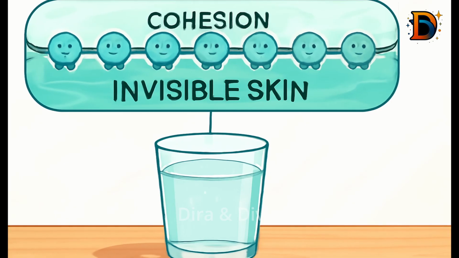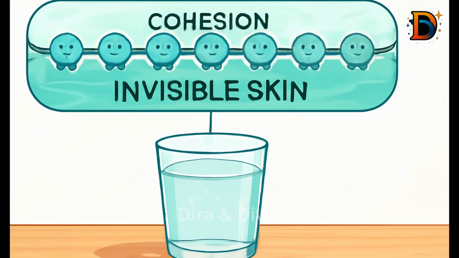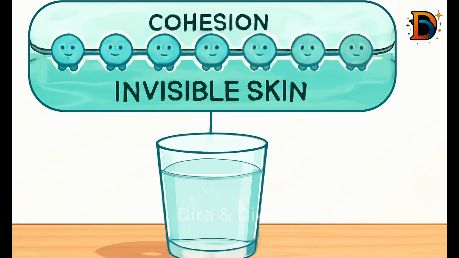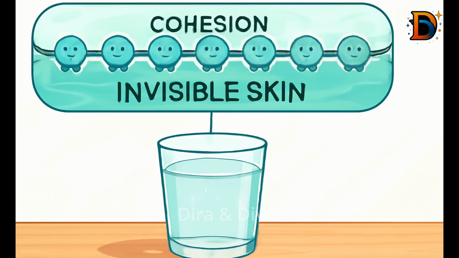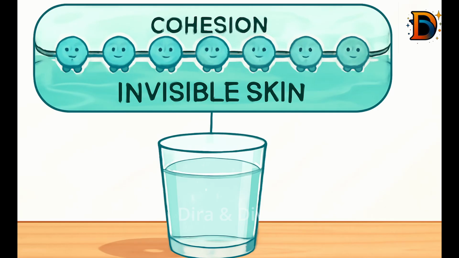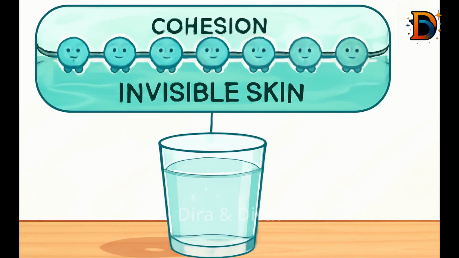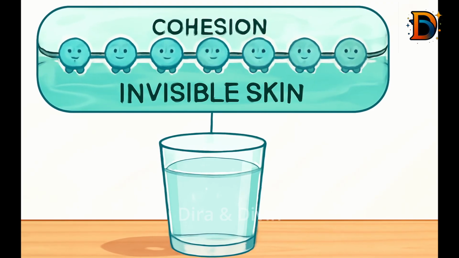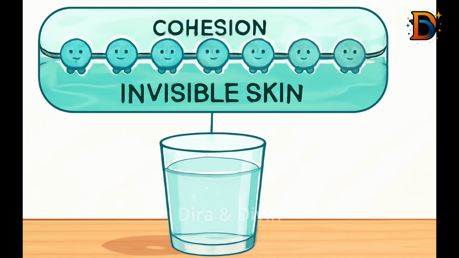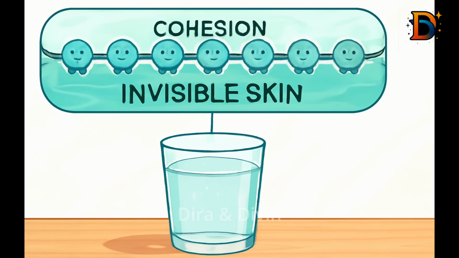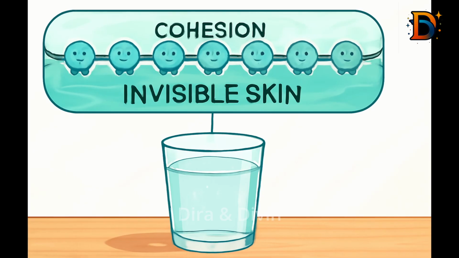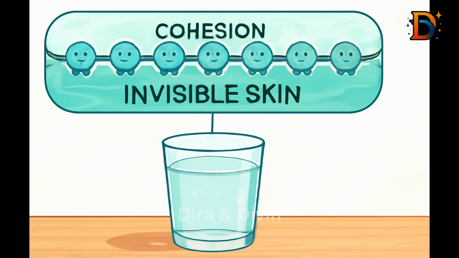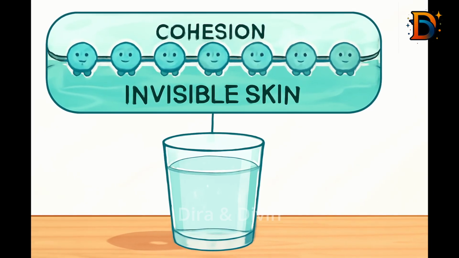When they are inside the water, each molecule is surrounded by buddies, but at the surface, the ones on top don't have anyone above them, so they hold on extra tight to their friends below and beside them. This strong grip creates the stretchy film or skin at the surface.